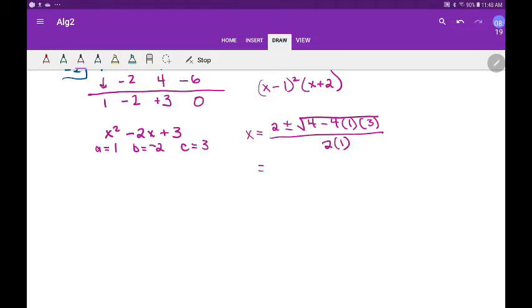So then I get 2 plus or minus the square root of 4 minus 12. I'm not surprised that my discriminant is going to be negative. It wouldn't be imaginary if it weren't. So I don't know if that's a very good way to say that, but we will say 2 plus or minus the square root of negative 8, over 2.